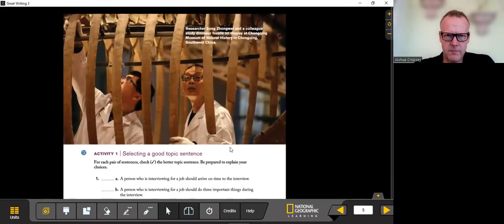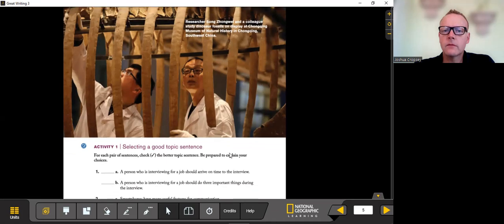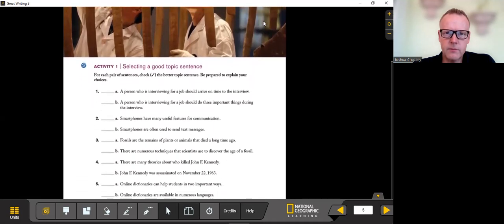Look at this picture. Researcher Song Zhongwei and a colleague studied dinosaur fossils on display at Chongqing Museum of Natural History in Chongqing, Southwest China. Man, that is a big animal.